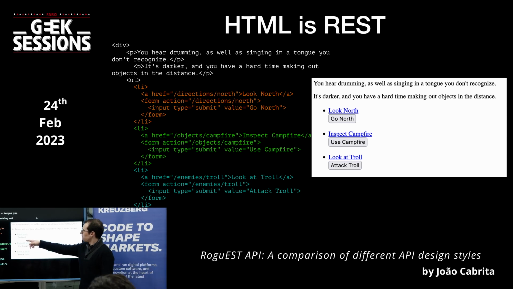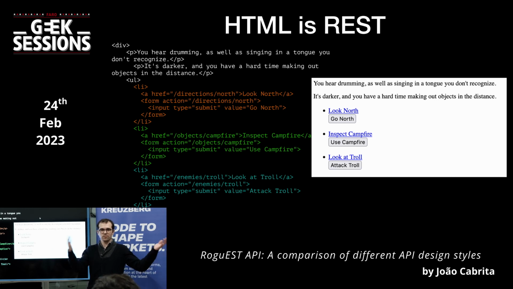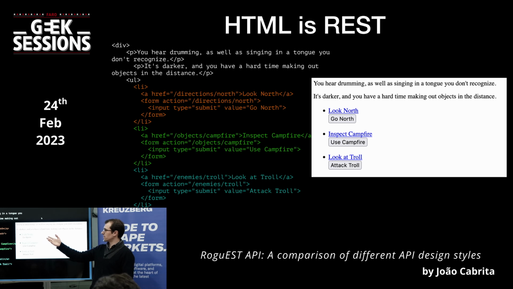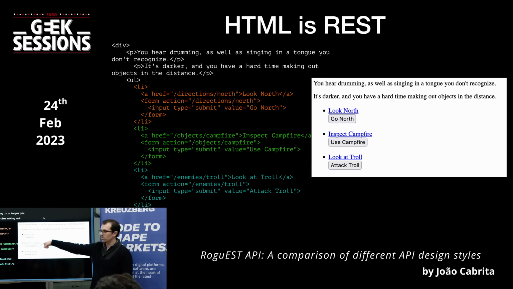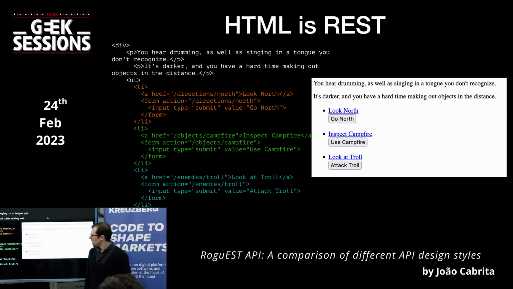If I want to interact with it, I can just click the button. It submits the form and changes the server state. And it works. Because I've added the titles, the front end doesn't need to know what the actions are. If it's an enemy, I just tell it that when you display this to the user, the action is attack enemy.